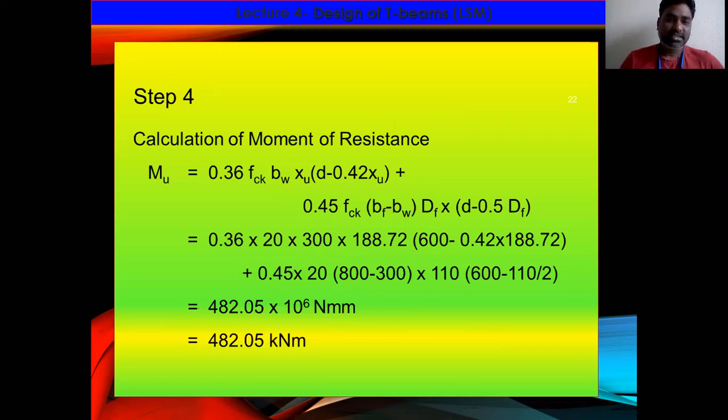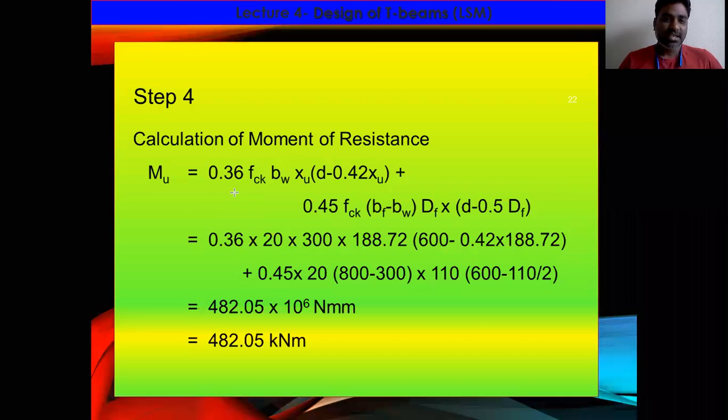moment of resistance. So that is 0.36 fck bw xu into (d minus 0.42 xu) plus 0.45 fck (bf minus bw) Df into (d minus 0.5 Df).